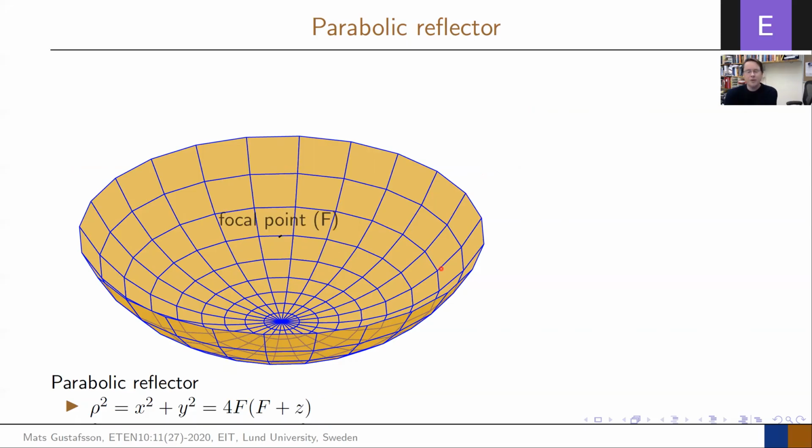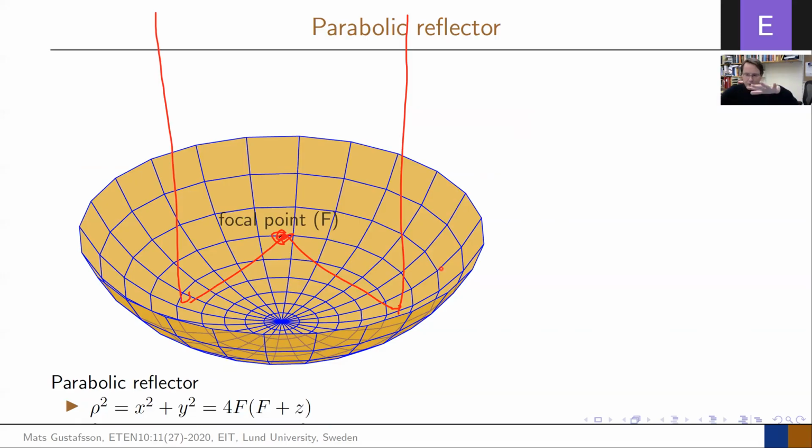So it has a focal point. That is the key part of this one. If you think about it as a receiving system, you have rays coming in here, bouncing here, and hitting the focal point. Another ray that hits here bounces and hits the focal point, and they add up in phase too.